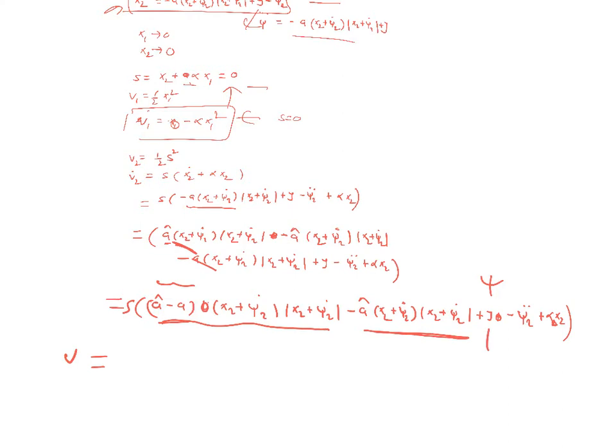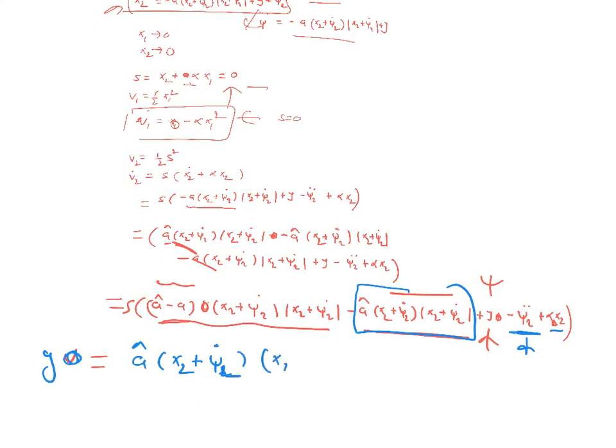So if I choose my tau to cancel this out, because this is known to me, let's make it blue. This quantity is known to me. This psi r double dot is known to me because it's a reference trajectory, and alpha x2 is also known to you. So let's choose tau equals a hat times x2 plus psi reference dot, times modulus of x2 plus psi reference dot, plus psi r double dot.